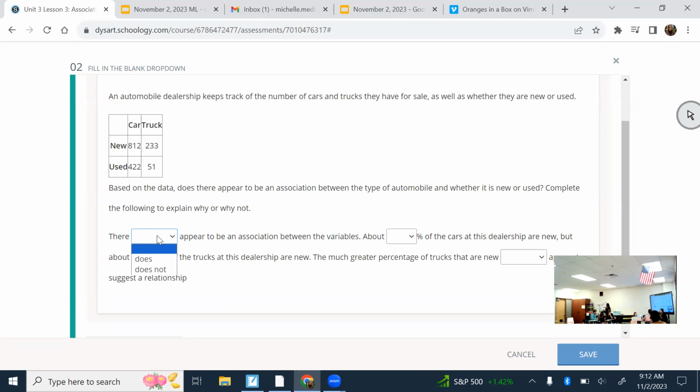This might be where you make a relative frequency table to compare like in total. So that's probably what you'll have to do. And we're wanting to know whether it is new or used. So out of the total cars bought, what's 812 plus 422?